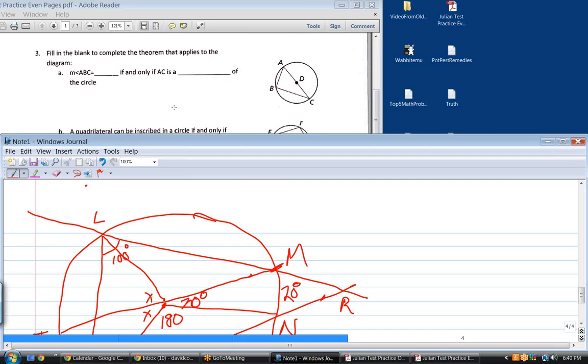What this is supposed to say is the measurement of angle ABC. In other words, it should be written like this. That makes me even more certain that the previous problem is a typo, and the fact that they use the less than sign instead of the angle sign. Right? That measurement of angle ABC is what?